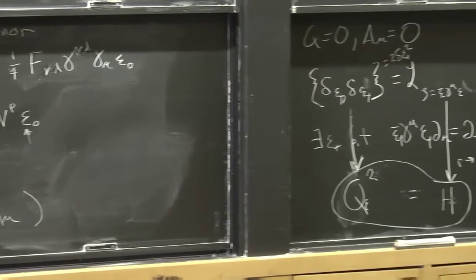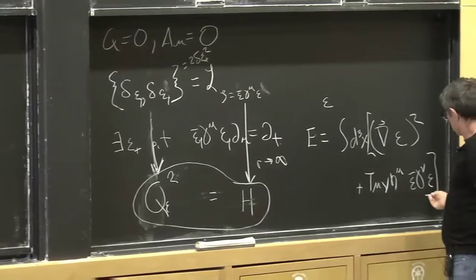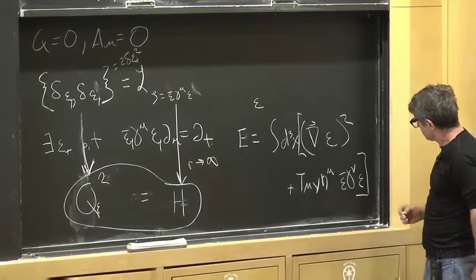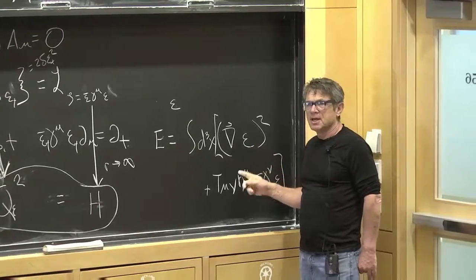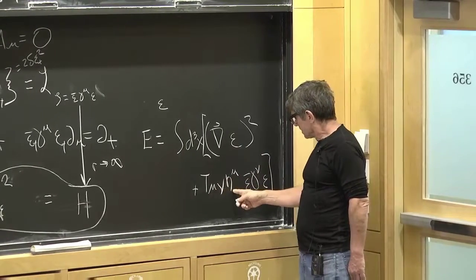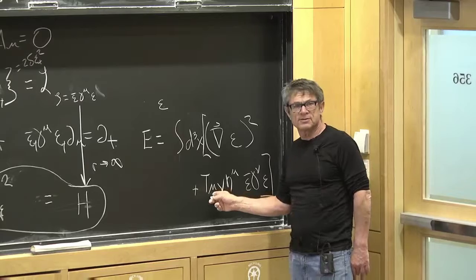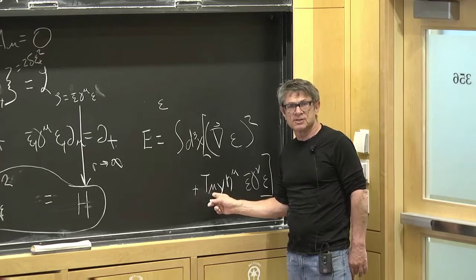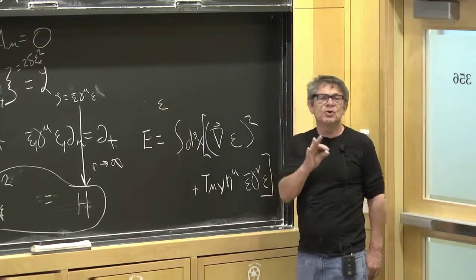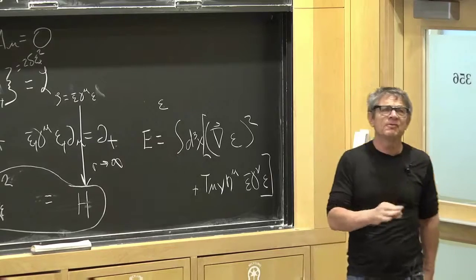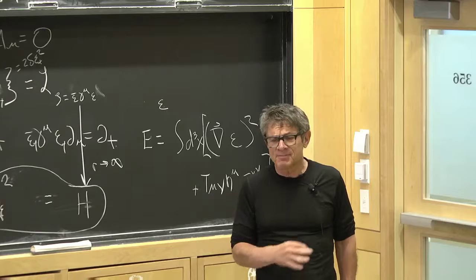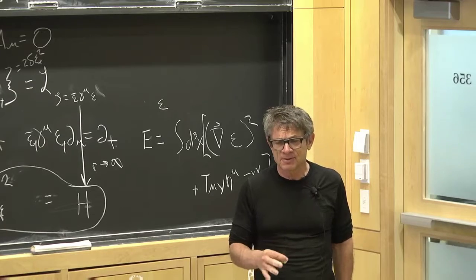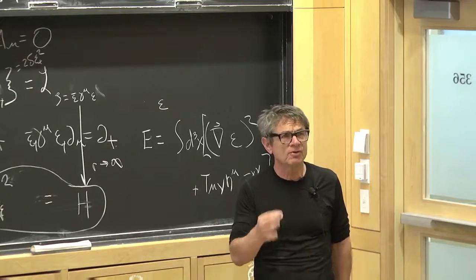Now, this has the property that this term is positive, and this term is positive as long as the matter stress energy obeys a positive energy condition. Of course, you could never hope to prove a positive energy theorem for matter that has negative energy. So the proof of the positive energy theorem didn't just apply to pure general relativity.